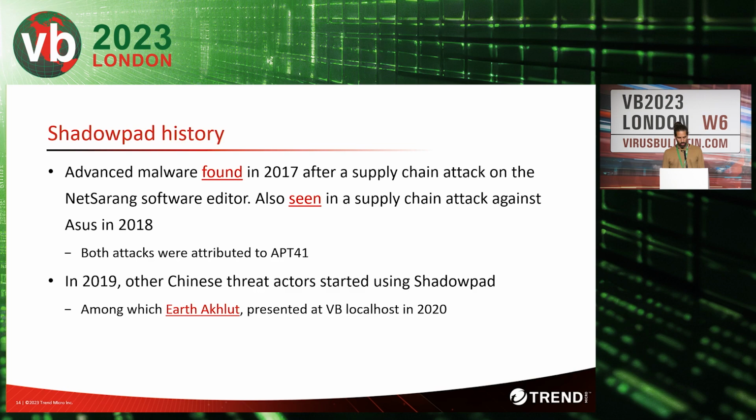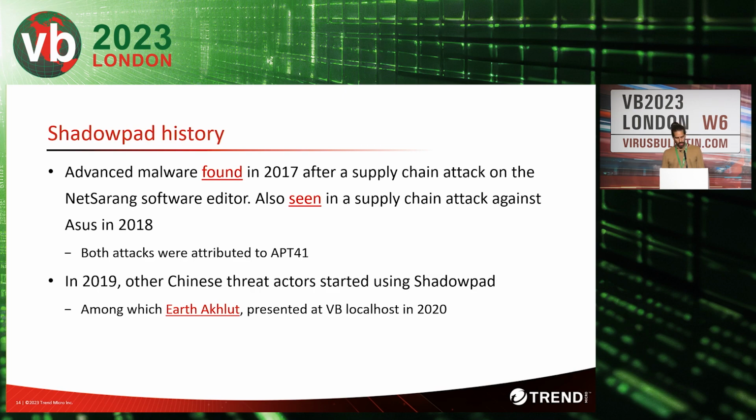So let's see now some tricks related directly to ShadowPad. For those who don't know it, ShadowPad is an advanced malware that is used in targeted attacks. It was first found in 2017 by Kaspersky in a supply chain attack that affected the NetSarang software editor. It was also seen the next year, again in a supply chain attack against ASUS. Both of these attacks were very advanced, and they were both attributed to APT41.